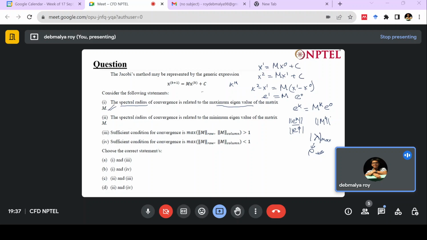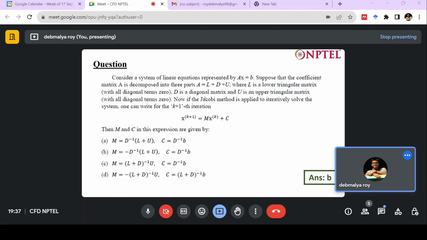Whatever method we are using, for that particular method M will be different, and we have just now calculated M for the Jacobi method as minus G inverse (L plus U). However, for the Gauss-Seidel method, it will not be the same expression. The expression will change.